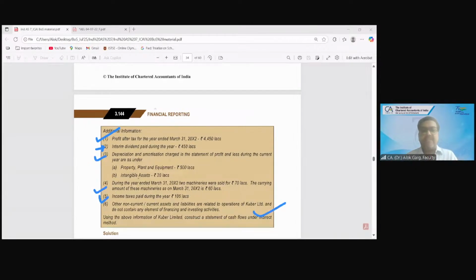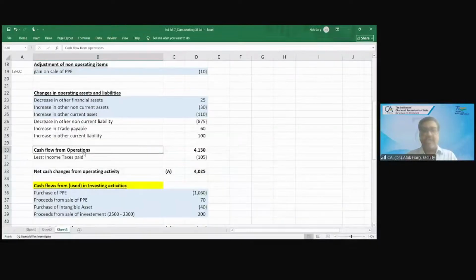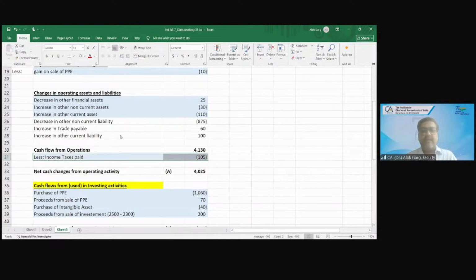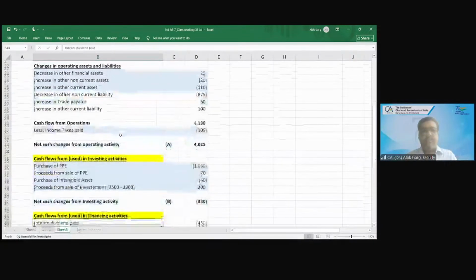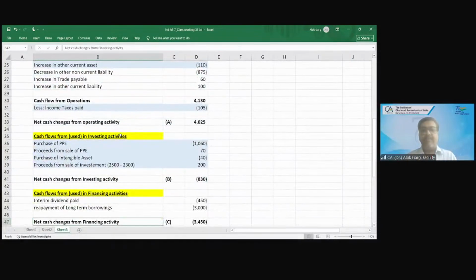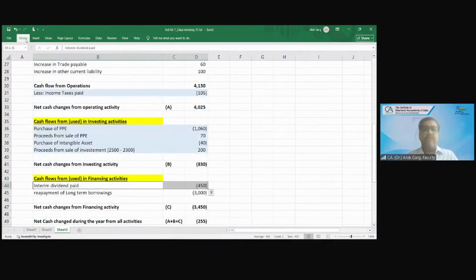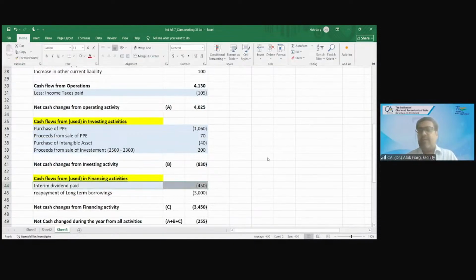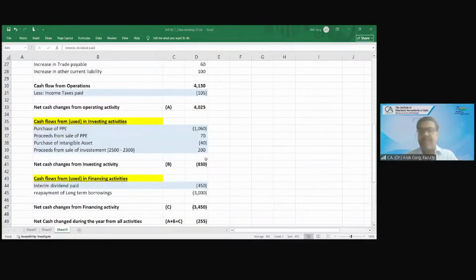So from the other information side, two items: income taxes paid, a money outflow, and the interim dividend. I have parked my income taxes paid of 105 in operations, and I have parked my interim dividend paid in the financing activity side. Any doubt up to this level, guys?